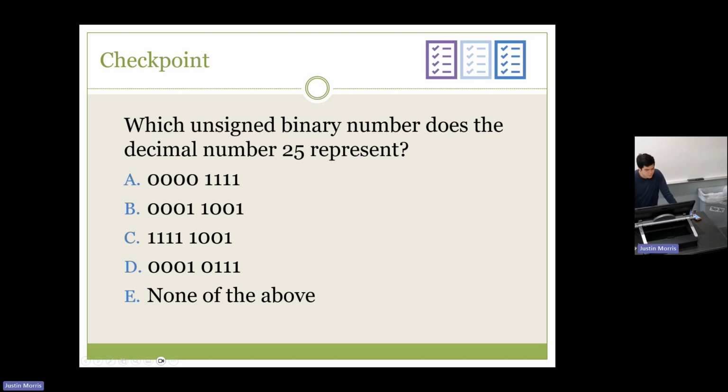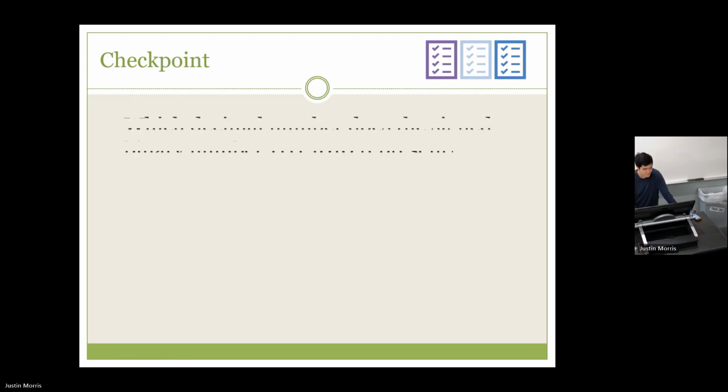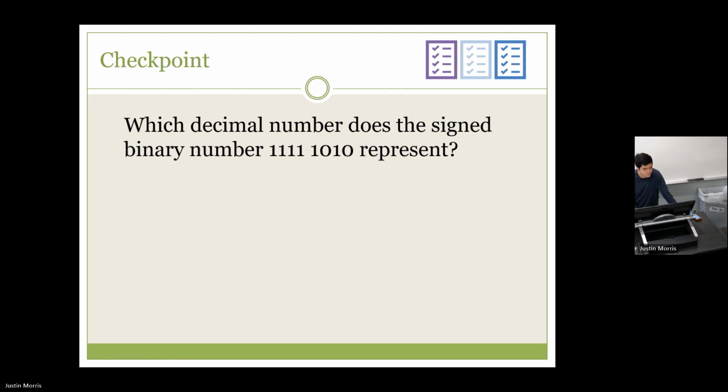So what is this in text then? What is this? And what is this? So 19. So 0x19 is 25. Alright. So decimal, that represents this.